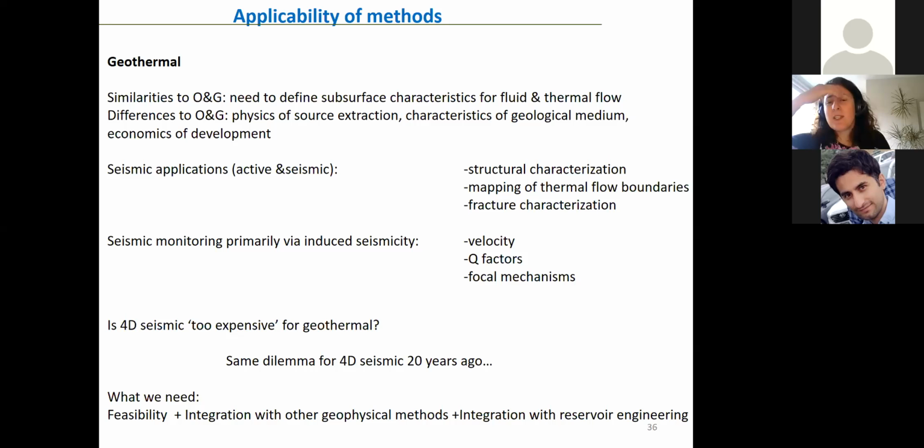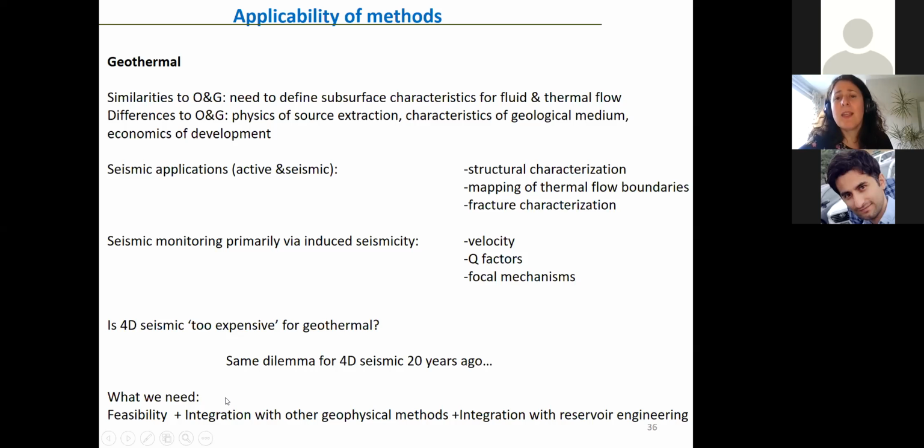But I just want to remind everyone that this is the exact dilemma that the oil and gas industry faced when people started introducing 4D seismic 20 or 30 years ago. People thought 4D seismic is too expensive for oil and gas, and yet it proved its value.